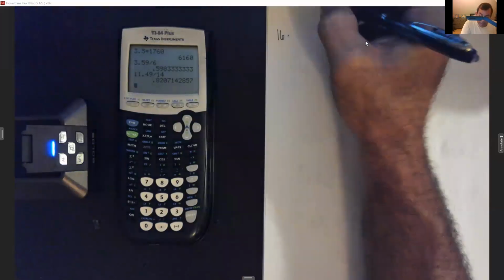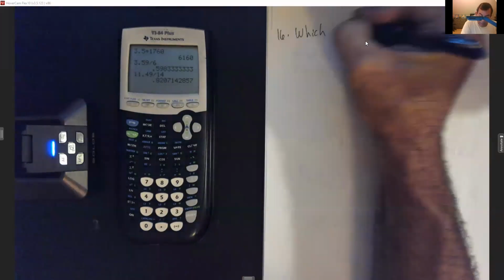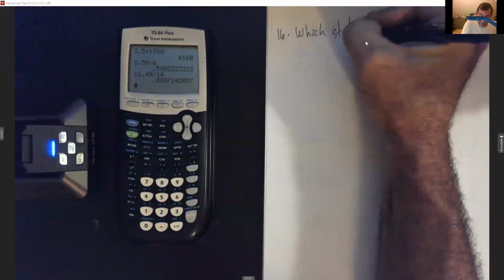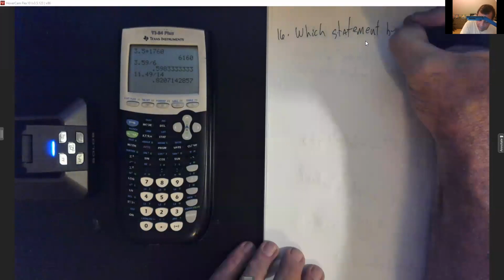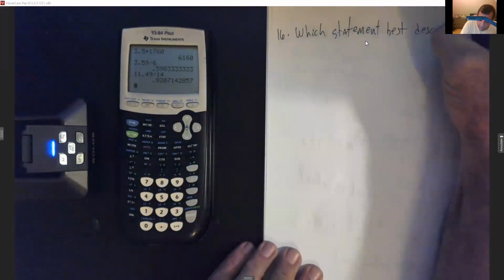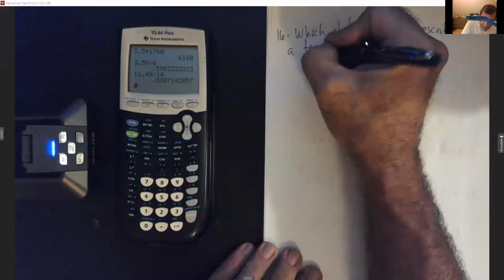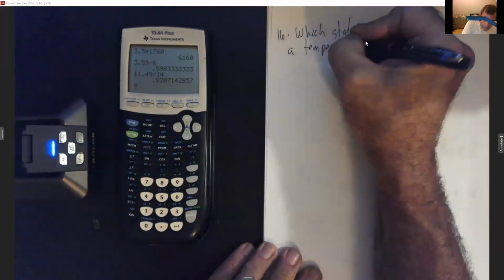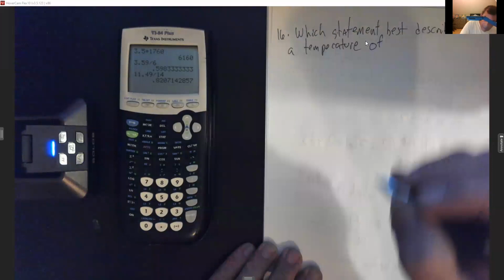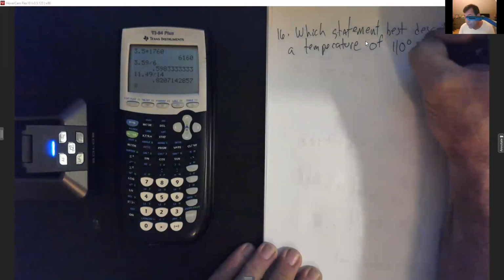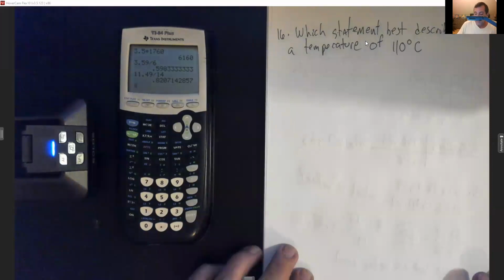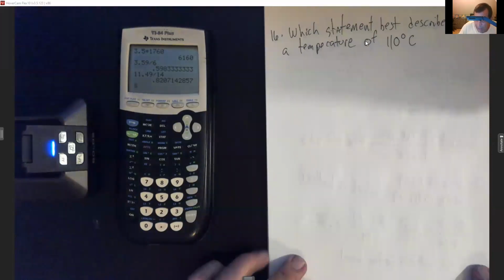Which statement best describes a temperature of 110 degrees Celsius? So let me give y'all some information on Celsius.